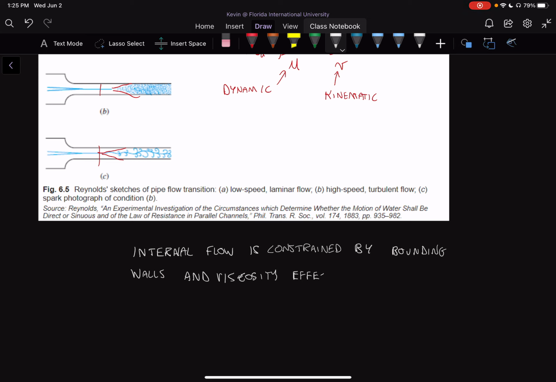So the effects of viscosity and the shear stress in our flow increases as we go further into our flow. Okay, so we go further from left to right. And these effects eventually meet through the flow.